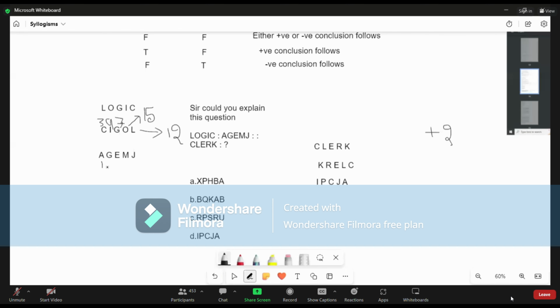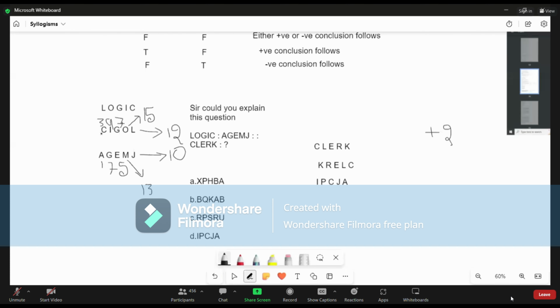Now A is 1, G is 7, E is 5, M is 13, J is 10. This is the final.